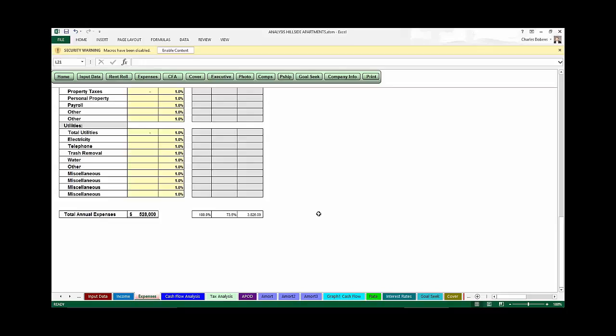This thing absolutely is running like a very hot, all bills paid property. And at a 73% expense ratio, that is incredibly high. That is a tough number to get your hands around.